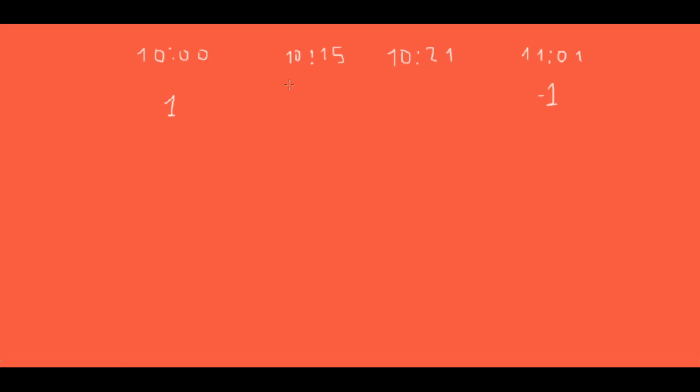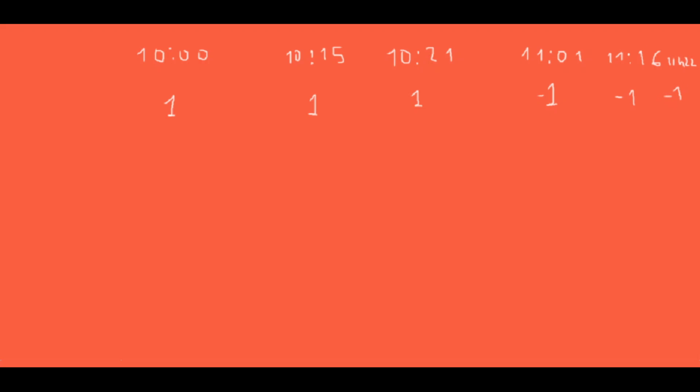Then the next interval is 10:15. What I would do, I would mark 10:15 with 1, and I would mark 11:16 with -1, and then 10:21 I mark with 1, and I would put 11:22 with -1. I hope this is still caught on the screen. So that's it.